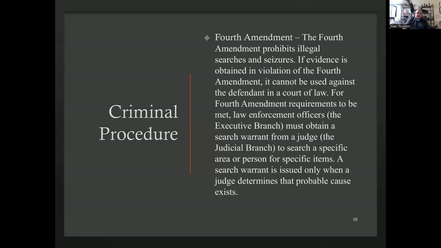If your car matches a description of a car that was just seen leaving the scene of a crime, and especially if you match the description of the person, they're going to have probable cause to have you exit the vehicle and conduct their search, looking for anything that could tie you to that crime. And this also goes for you as a person in any of those scenarios.